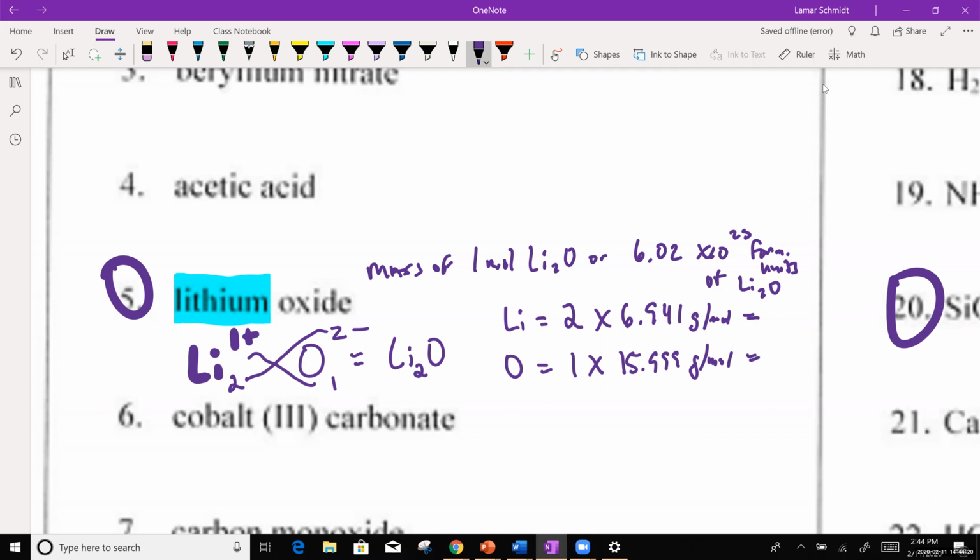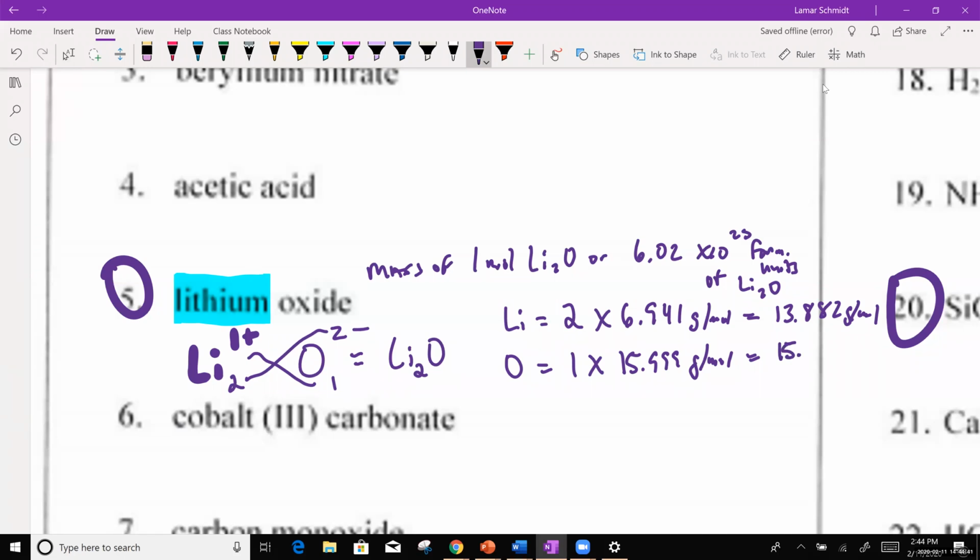What's 2 times 6.941? This is super easy. 6.941. Get a calculator. And we multiply that times 2, and we should get 13.882 grams per mole. And I'm really good at multiplying by 1.